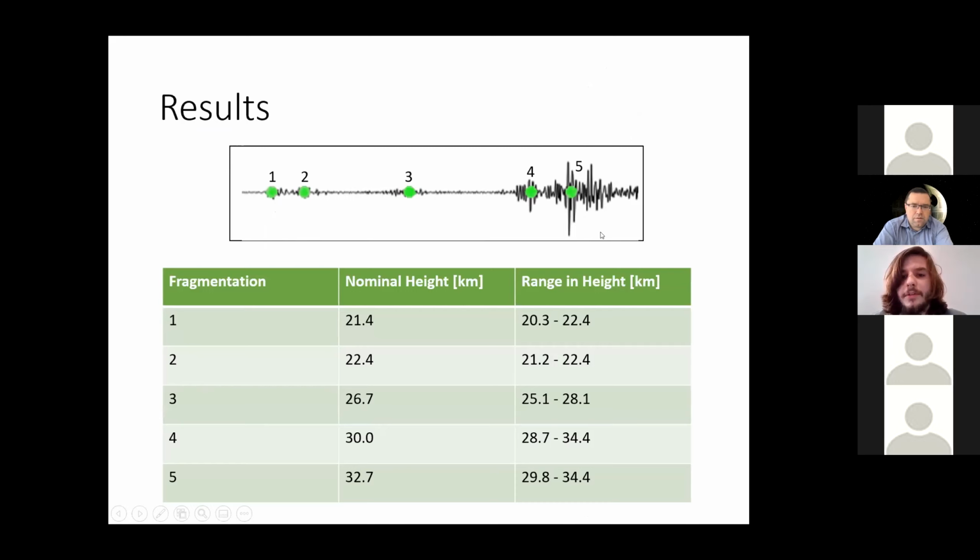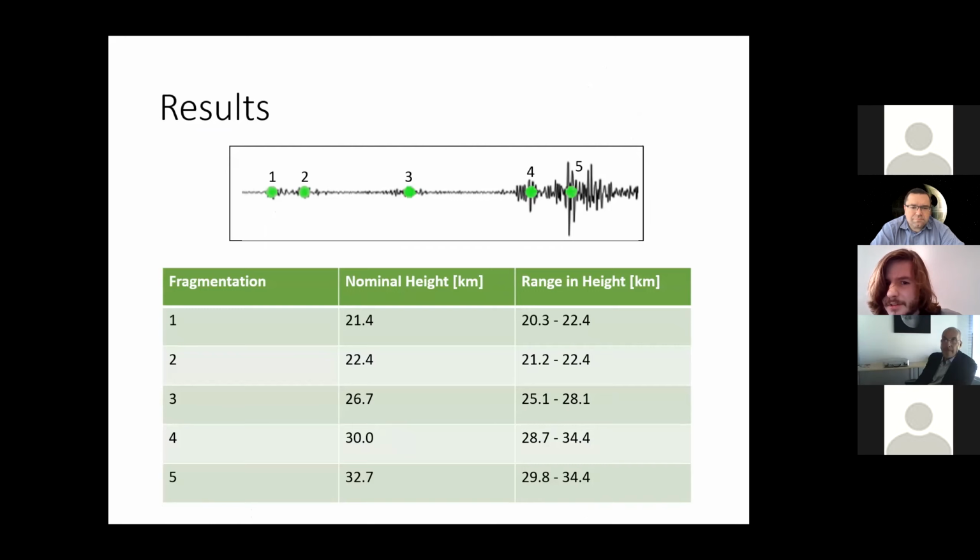The ones that occurred higher had to travel through more atmosphere and are therefore more attenuated, so the actual energy deposition from them would be much stronger than they are shown here. Okay, interesting. I would have expected the other way around, but that's a good explanation.